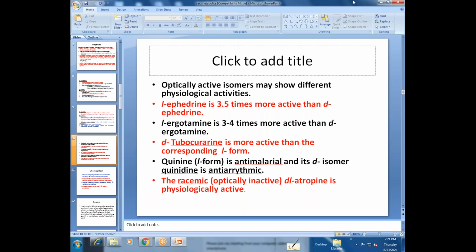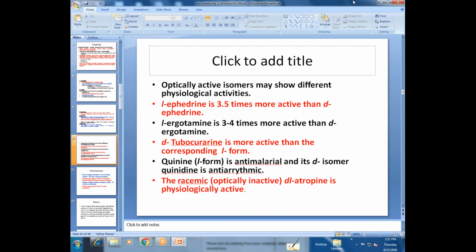We say the racemic mixture, like atropine, is physiologically active. Usually the racemic mixtures of drugs are not active; they are optically inactive, or physiologically also we say inactive. But in the alkaloids, the DL racemic mixture of atropine is physiologically active.